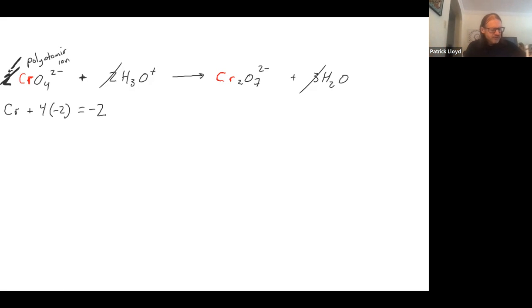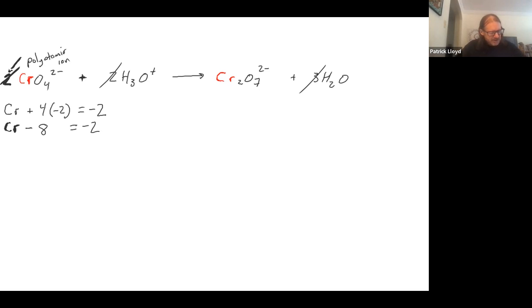Now, you could do some clever arithmetic here, but I'm just going to be brute force about it. Step by step is how I do arithmetic, so I don't make mistakes. So chromium -8 equals -2.